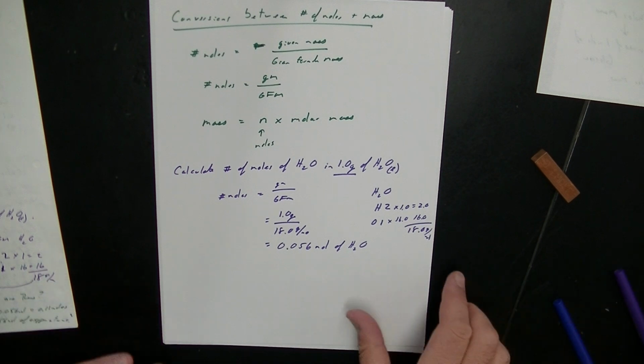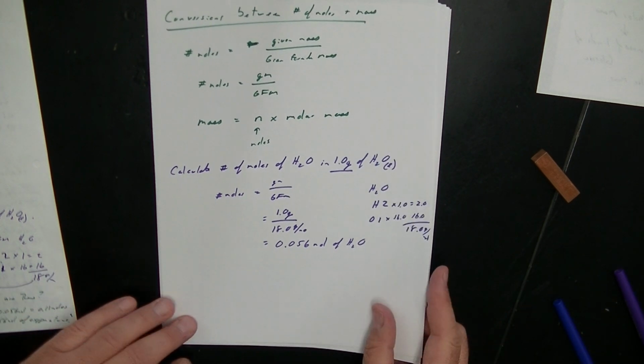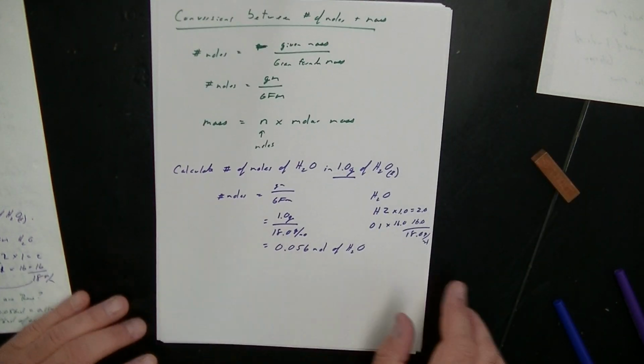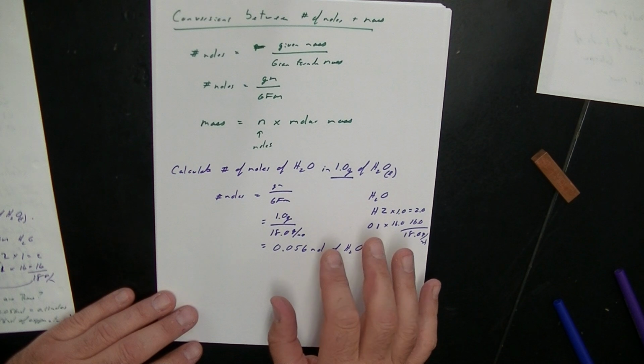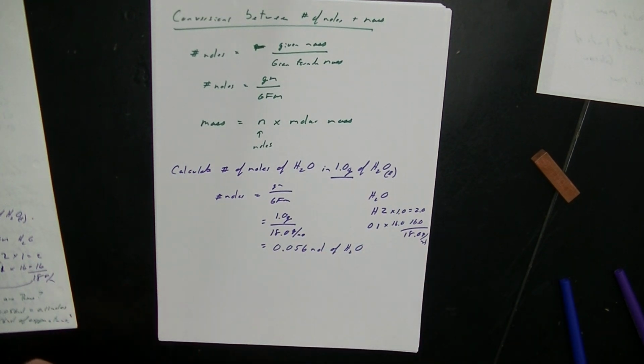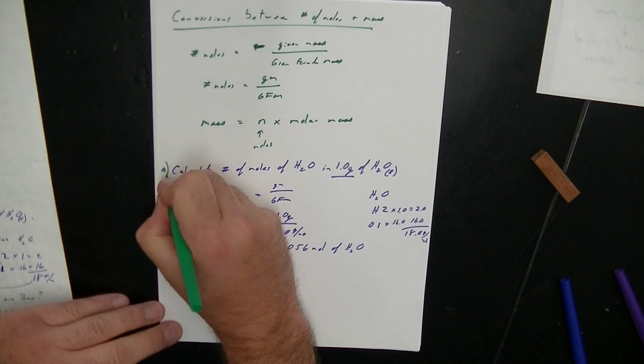Let's try another problem. Actually, let's do it this way. Let's do a B part. Let's say this was A. Let's do a B part.